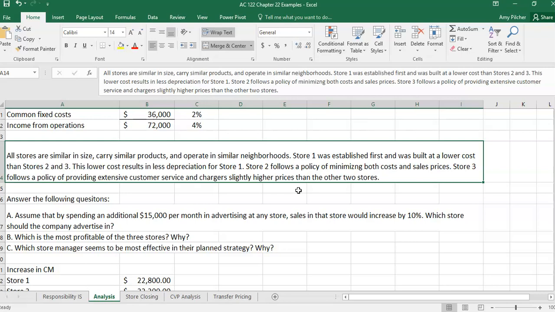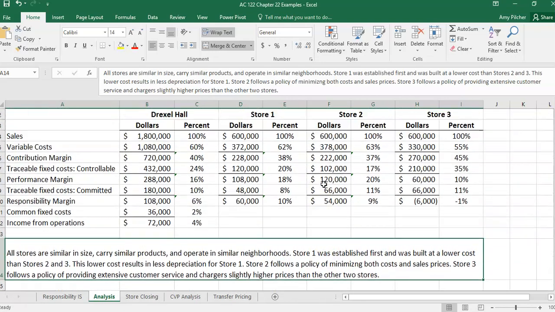So if you think about the fact that store 3 has higher prices and store 2 has lower prices than any of the stores, the fact that all three have the same dollar amount means a little bit more in that instance. Because store 2 is charging a lot less than stores 1 and 3, and store 3 is charging more. So in essence, store 3 sells fewer items to get to that $100,000, and store 2 sells a lot more.